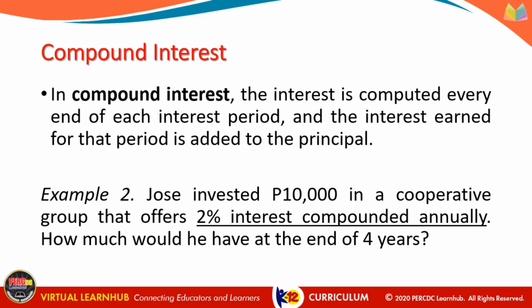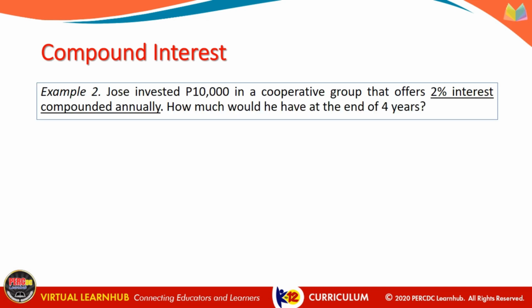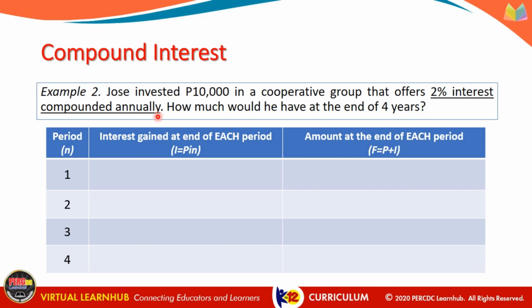As you can see, this is very similar with example number 1, except that we changed the interest from simple to compounded. Okay, so this is our problem number 2. In order to illustrate how compound interest works, let's make a table here.